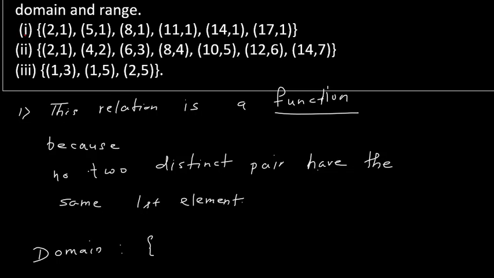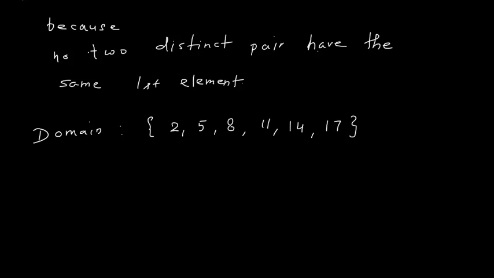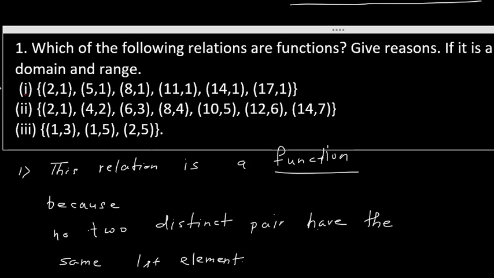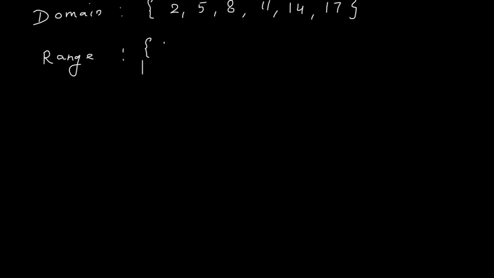So domain is 2, 5, 8, 11, 14 and 17. This is domain. And for range I will see the second element of the pair. So all are 1 only, so range is 1.